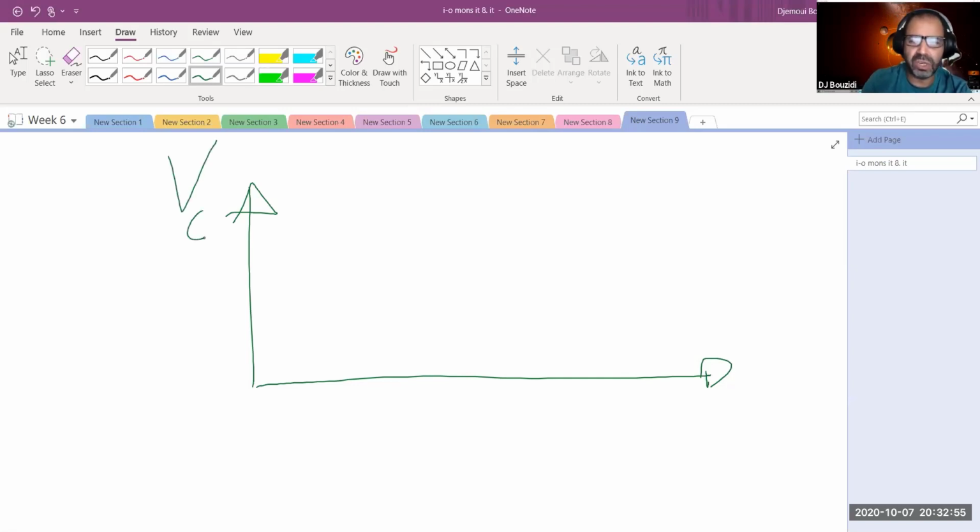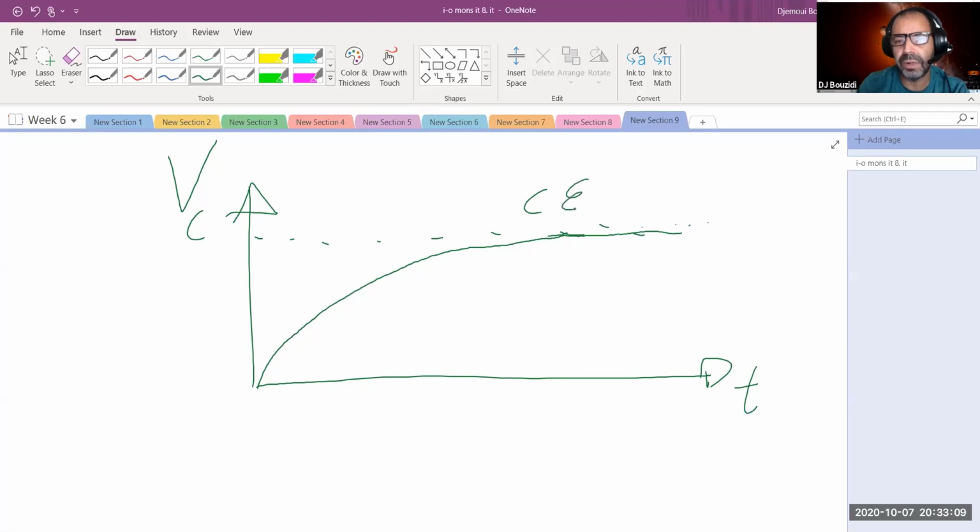So this is the voltage across the capacitor. This is time. This is the asymptote. If I wait for a long time, the capacitor will basically almost be equal to the asymptote. And this asymptote actually is C epsilon, where epsilon is the EMF of the battery. Now, this is when the switch was in A.